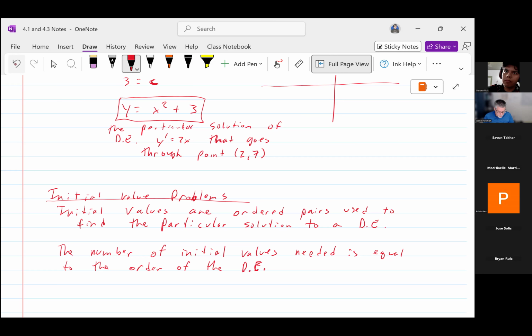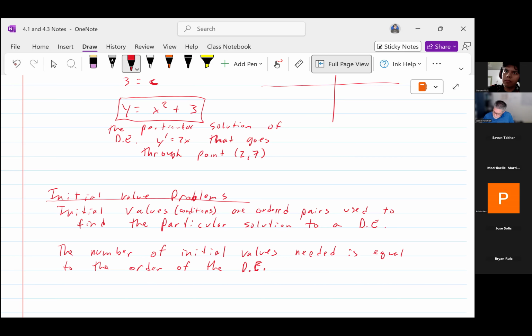Initial values, sometimes they're also called initial conditions.